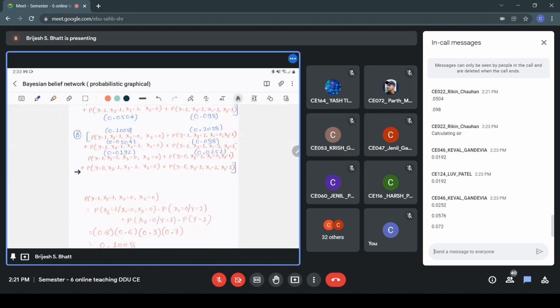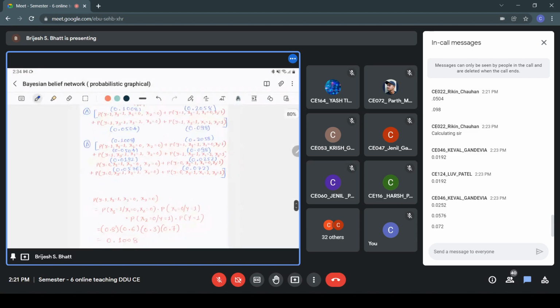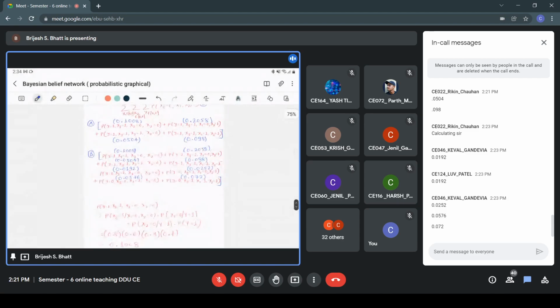Okay. Then 0.072. So these are the values we found.